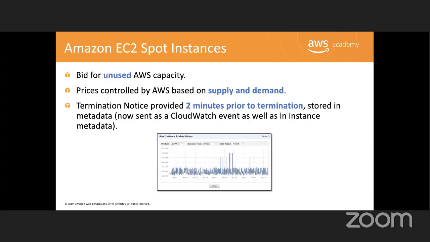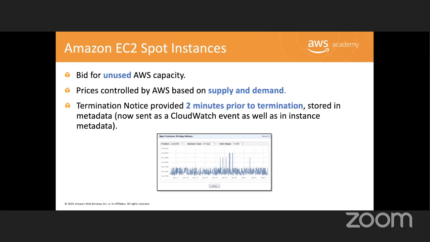So spot instances, you already know this is bidding. You are bidding for unused, spare capacity that AWS has. You put a bid on it, and you're going to use it as long as your bid is not outbid. The price is controlled by AWS based on supply and demand.